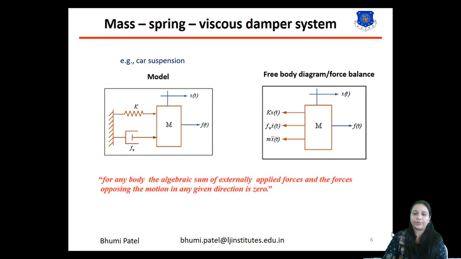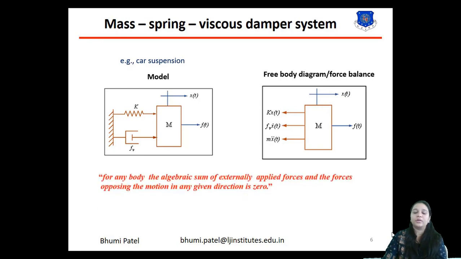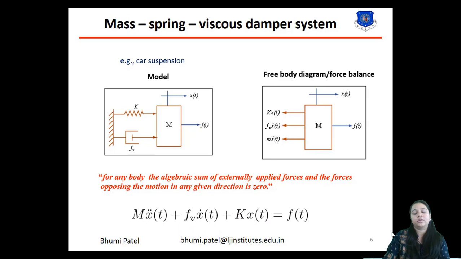For any free body diagram, the algebraic sum of externally applied force and the force opposing the motion in any given direction is 0. So the equation will become f(t) = m ẍ(t) + B ẋ(t) + K x(t).